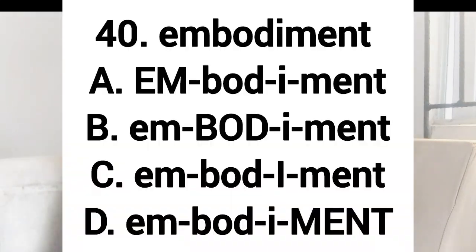Embod, embod. You can see that the tone went higher on bod, embodiment. So your stress is on bod. Do you understand me? These are the 5 questions on section 4, paper 3 of 2024 WAEC question.